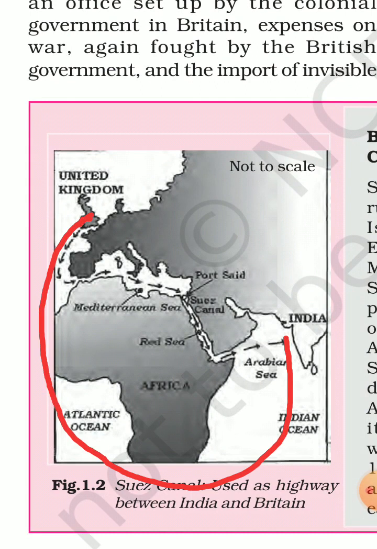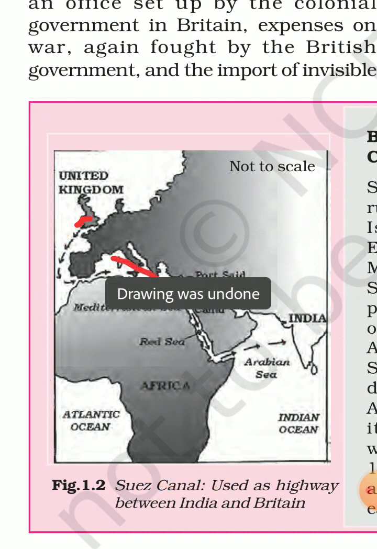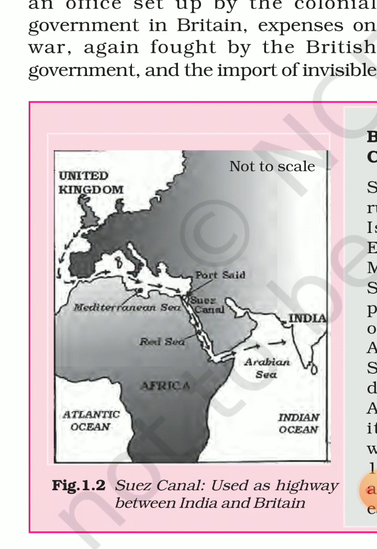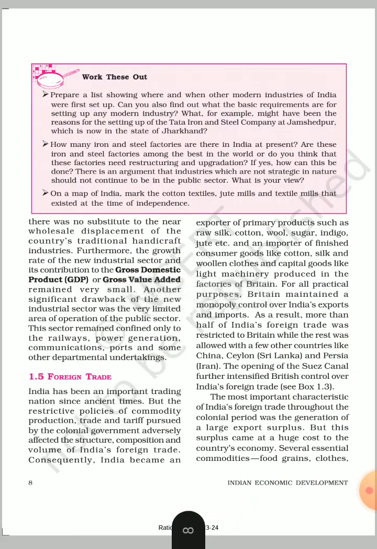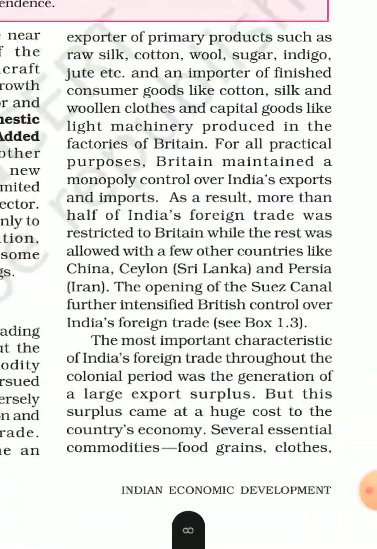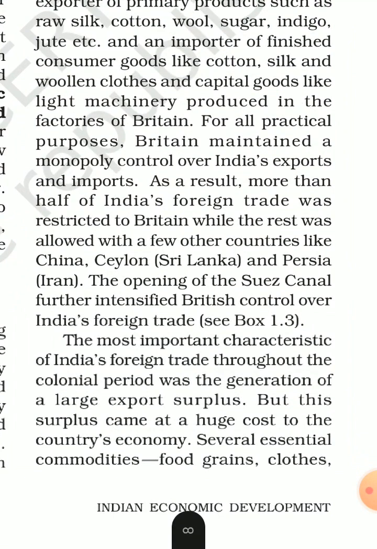But after the opening of the Suez Canal, an artificial canal, the duration and the cost incurred while traveling were reduced. So the Suez Canal helped the Britishers in intensifying their control over India's foreign trade.